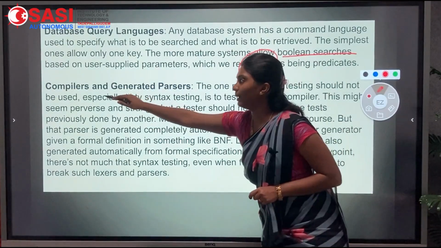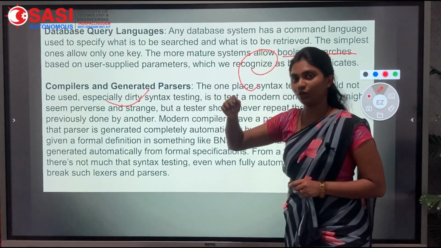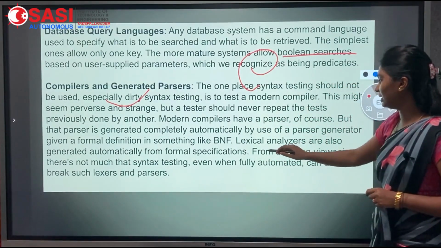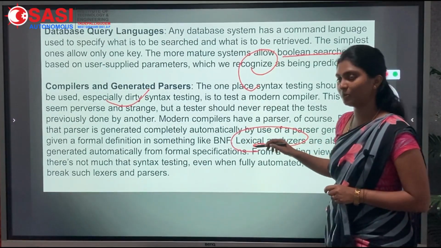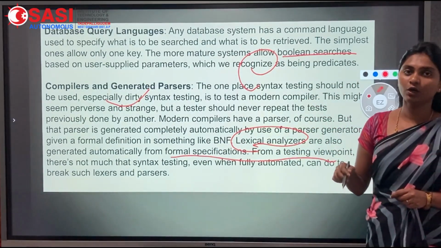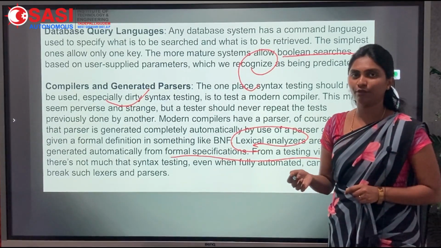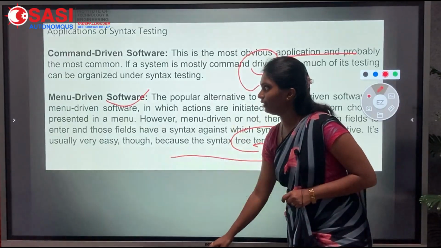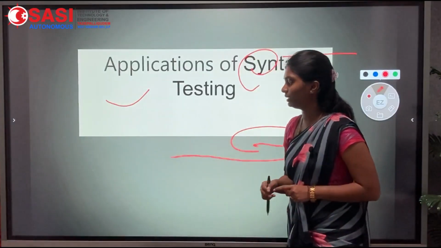These two, compilers and generators, are connected to each other, to check whether the dirty bits are repeated or not. In lexical analysis we specify the formal specifications and techniques used to define syntax testing.